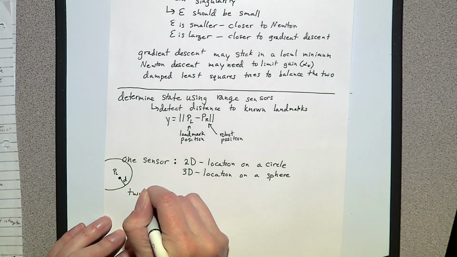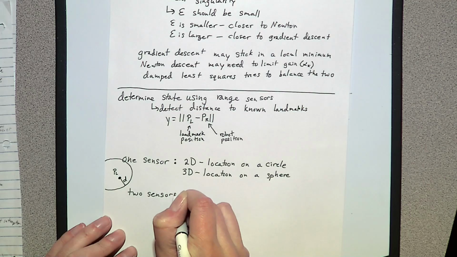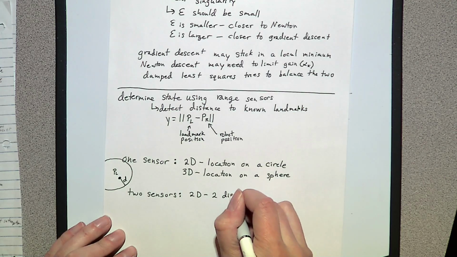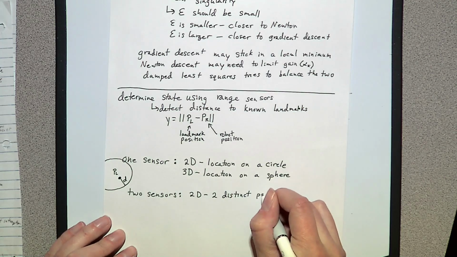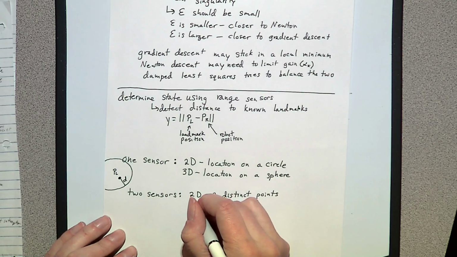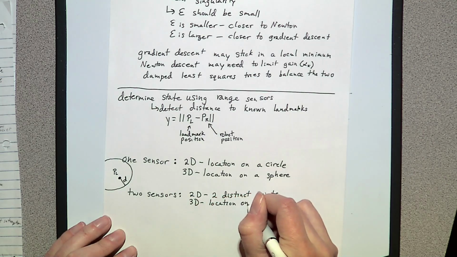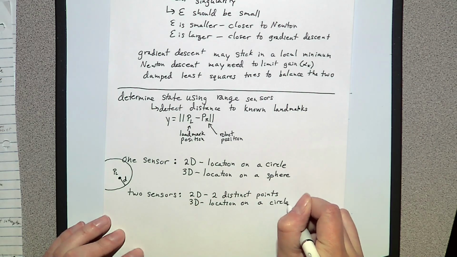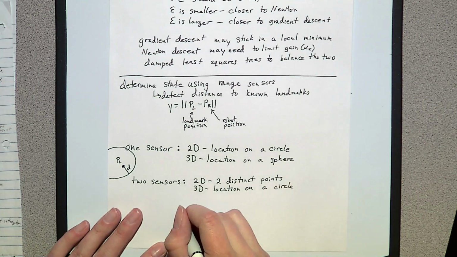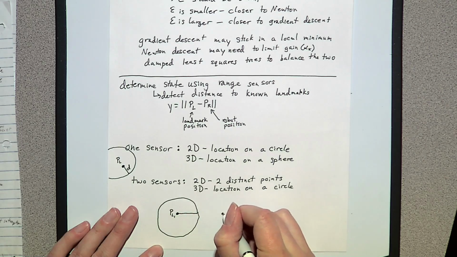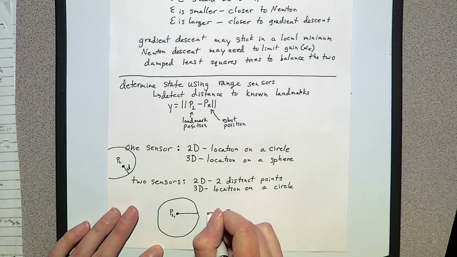If we have two sensors, in the 2D case, we have two distinct points, and in the 3D case, we have a location on a circle. So let's say we have one landmark here, and we measure some distance, and we have some landmark here, and we measure some other distance.